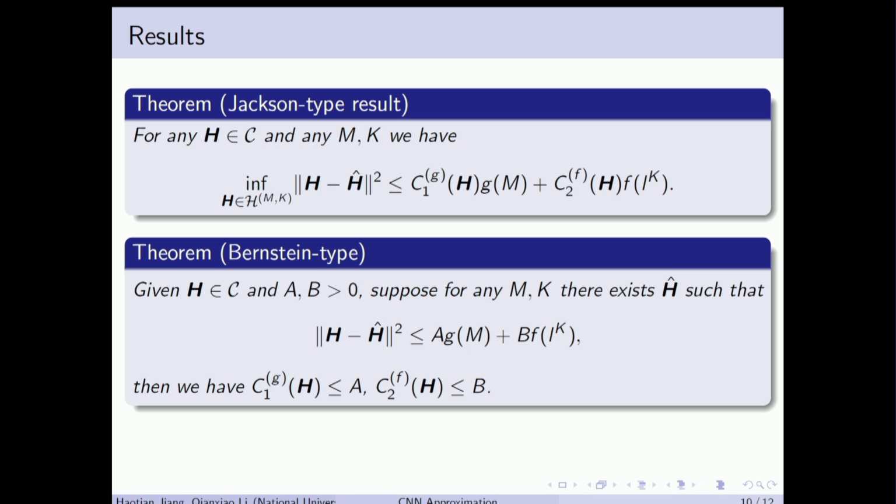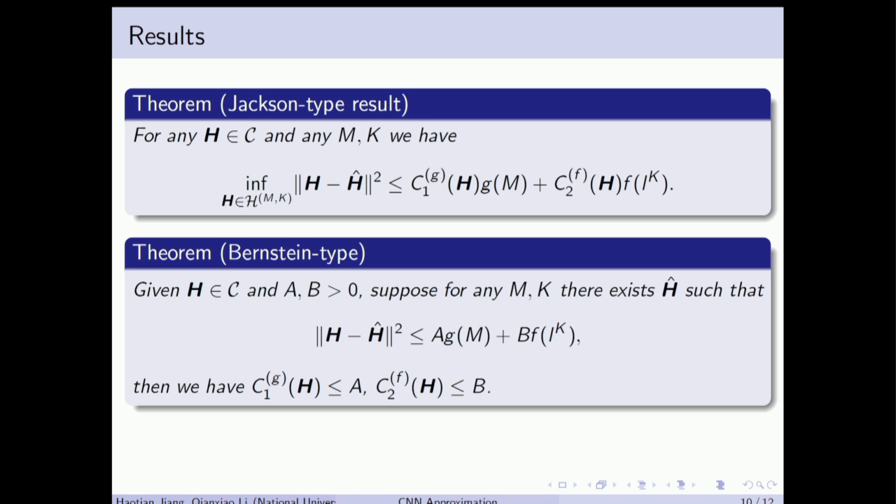The first one is the forward approximation, which is a Jackson type result. It says that for any target in the hypothesis space, the approximation error is bounded by this rate here. Recall that G and F are two decreasing functions, so when the number of channels and the number of layers go to infinity, this converges to 0.